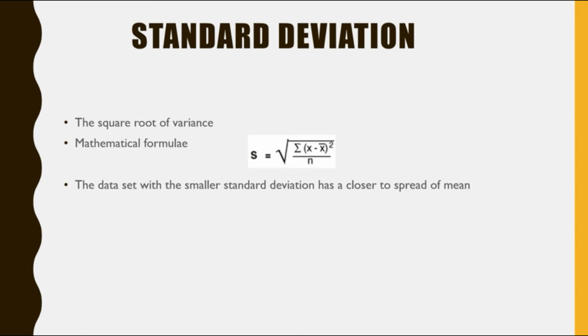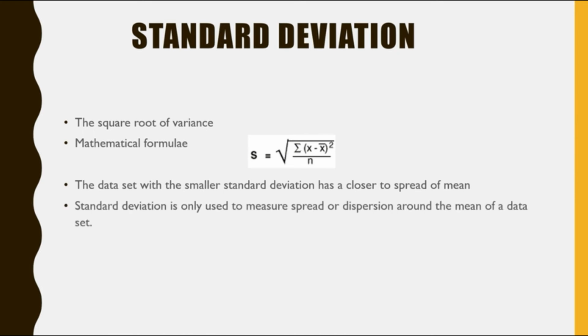So what do you mean by the standard deviation? Basically, a standard deviation gives the concept of how close the data is to your mean value. It is used to measure the spread or dispersion around the mean of data.